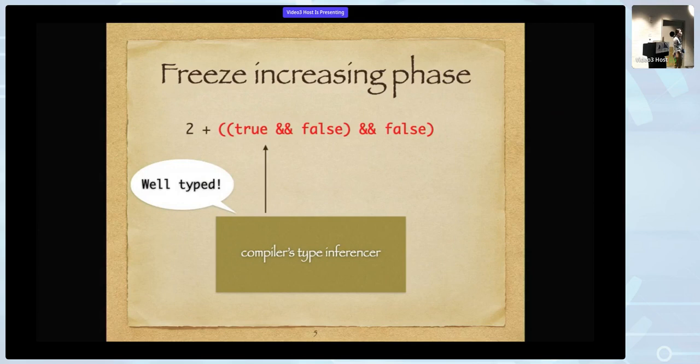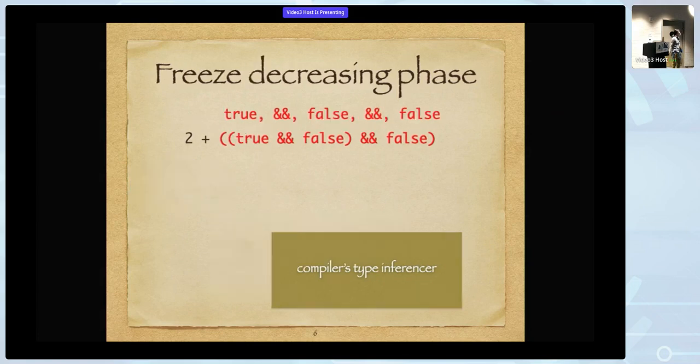Then the compiler type inferencer says this is well typed. So we know this red part is enough to make the whole program well typed. Sorry, I forgot to say that the type of the red part will be ignored. So this program will be well typed.